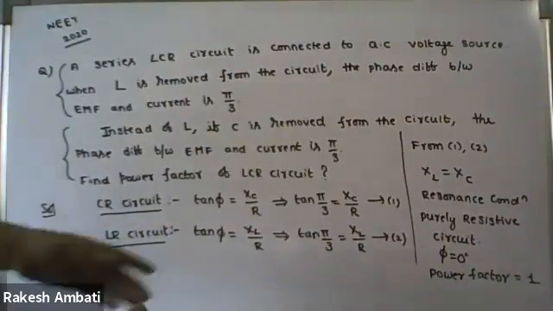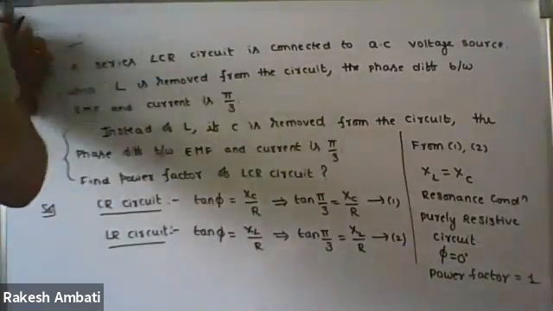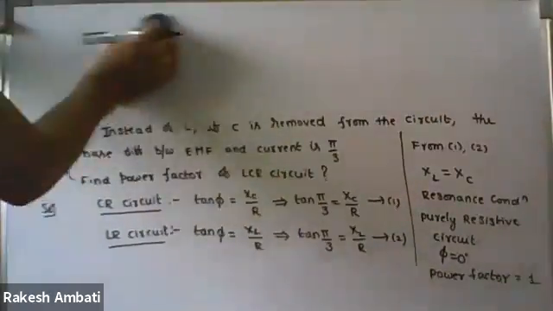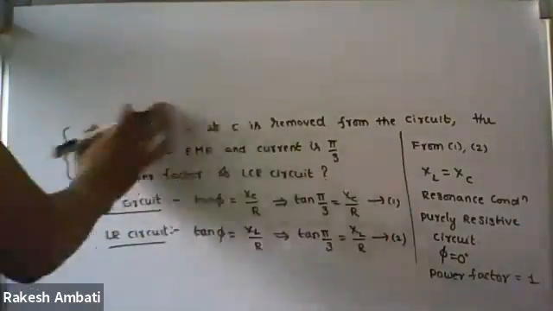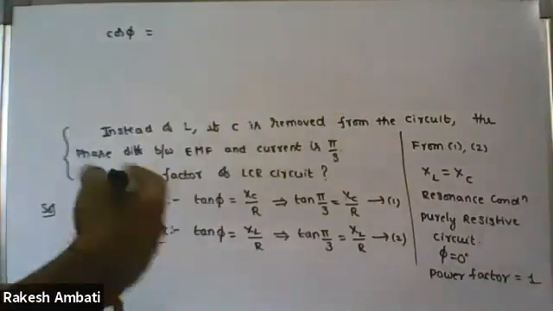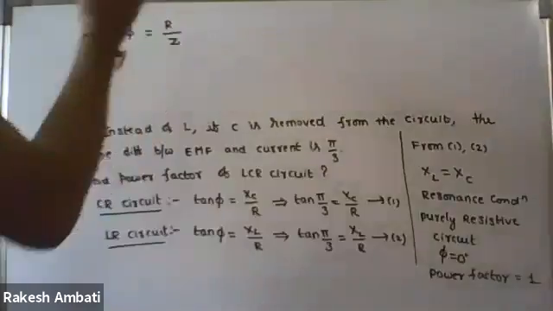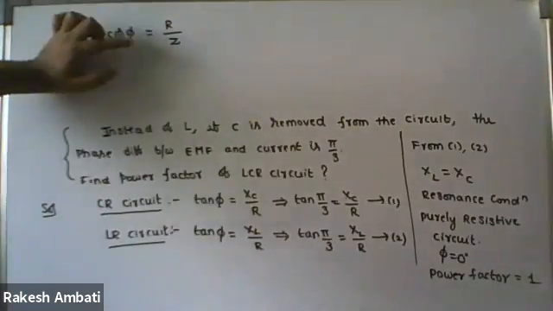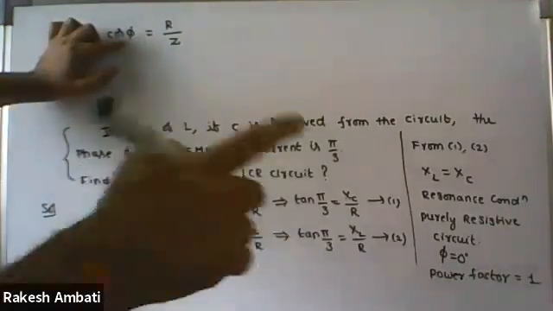Or else, instead of writing all the points, we have one more way to finish. From equations 1 and 2, we got XL equal to XC. But try to recall the power factor cos phi equals, what is the formula? R upon Z. Do you know this formula? But we are finding the power factor of an LCR circuit.